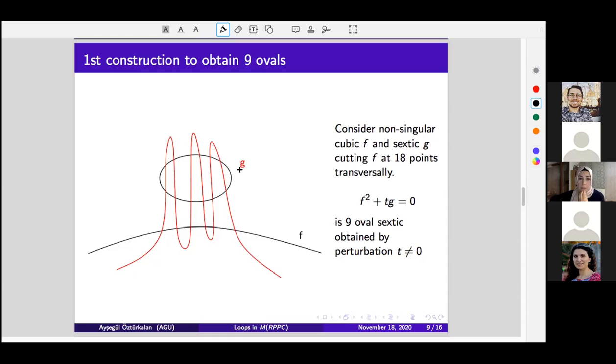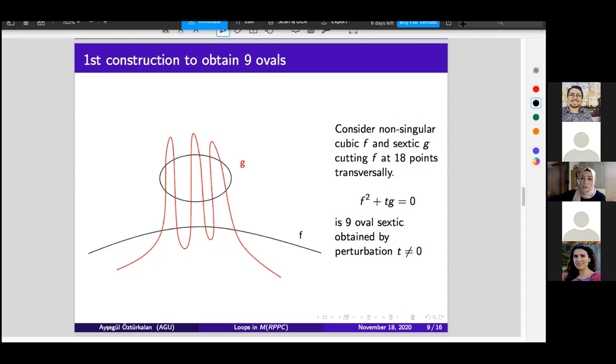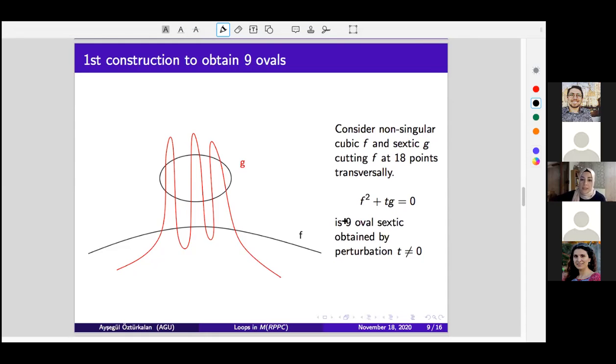This is G, and it cuts F at 18 points transversely, without tangency. Here, F squared plus TG equals 0 is a perturbation. And by this perturbation, for non-zero T, we obtain 9 ovals.